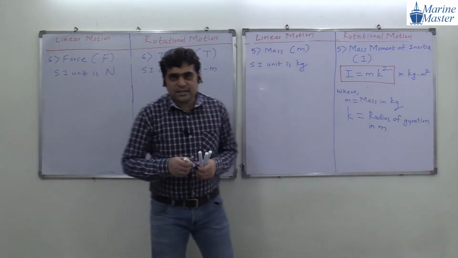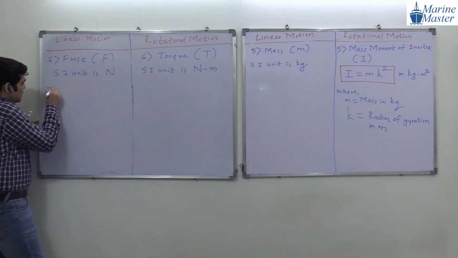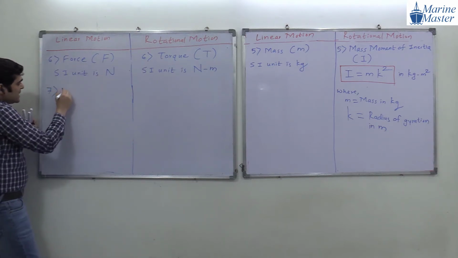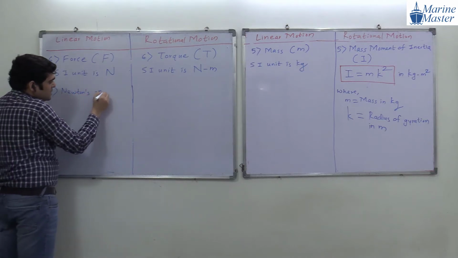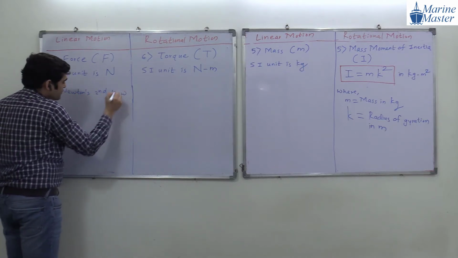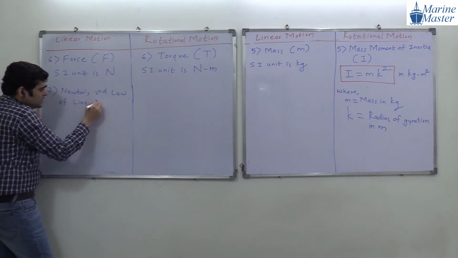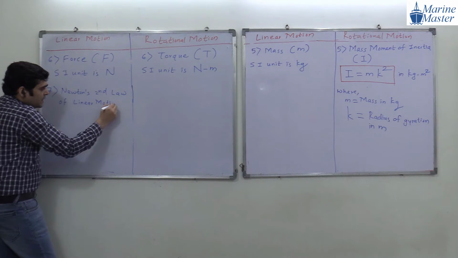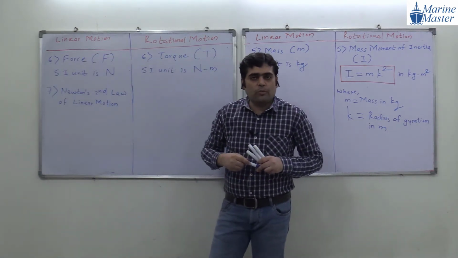Now guys, what will be the 7th point? So here, Newton's second law of linear motion. What is Newton's second law of linear motion, guys? What is the expression we studied for Newton's second law of motion?